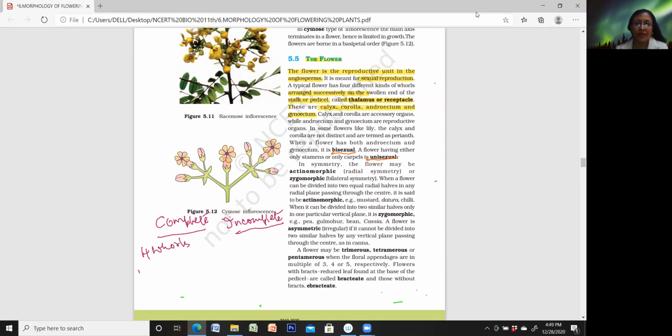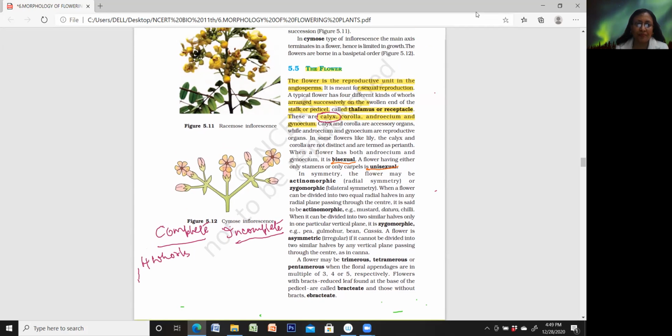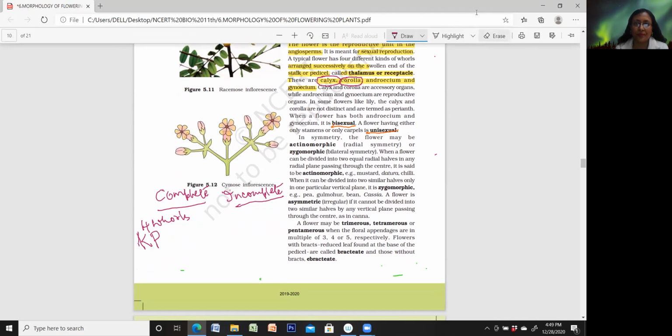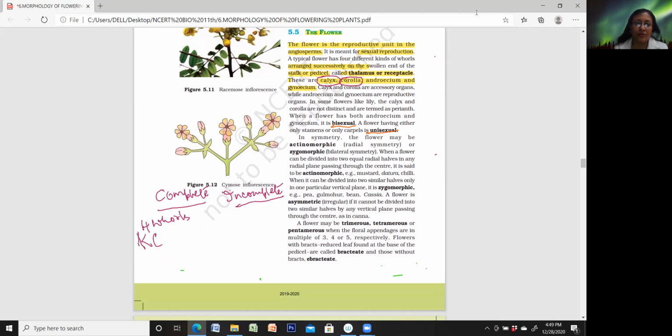Just now we discussed that calyx, the whorl of sepals, is K. Then corolla is the whorl of petals, is C. Then androecium, that is the stamen whorl, is A, and the gynoecium, that is the whorl of carpels, it may not be a whorl, it can be only one carpel.